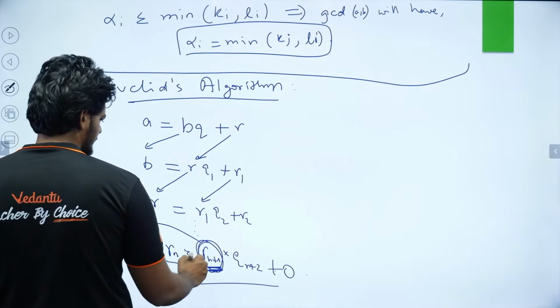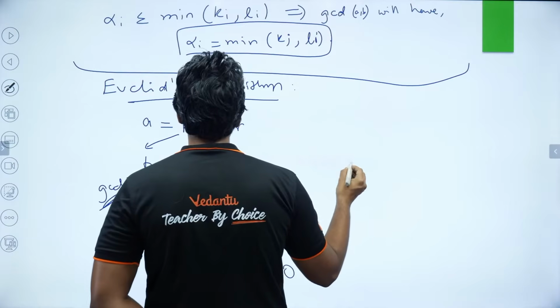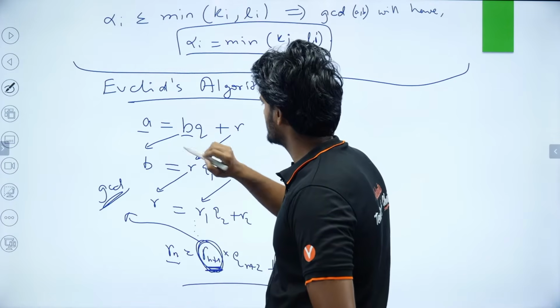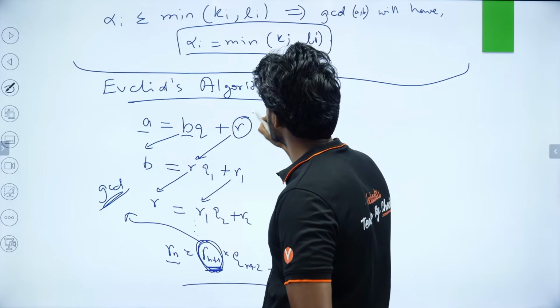So, GCD would divide both A and B, right? And that would mean that GCD would divide this also.